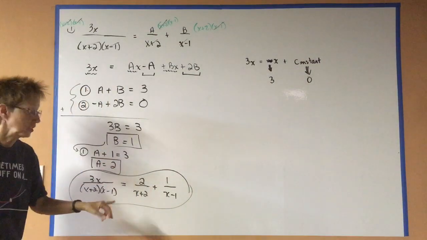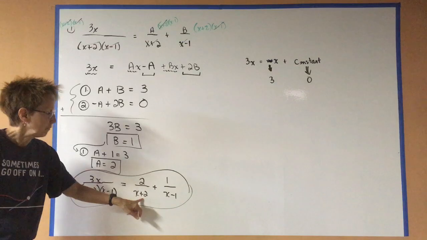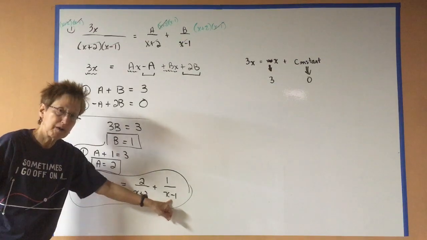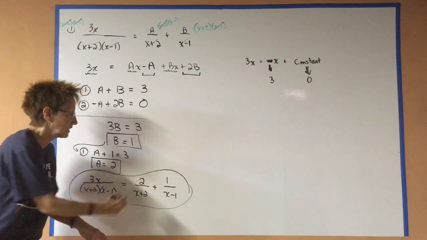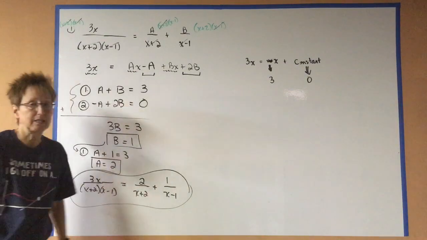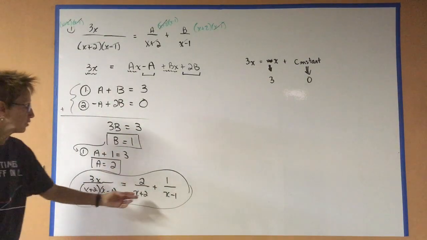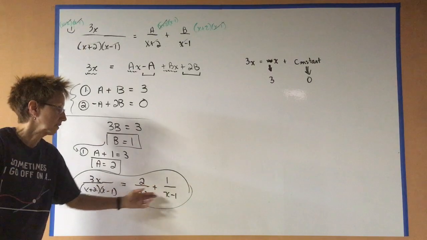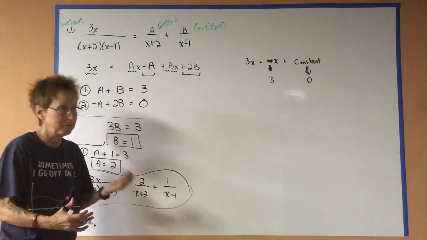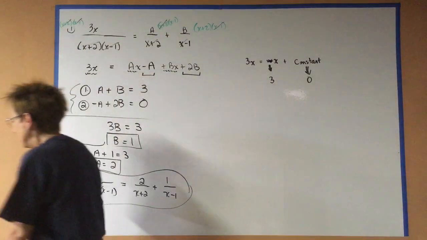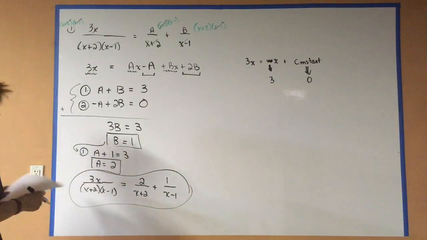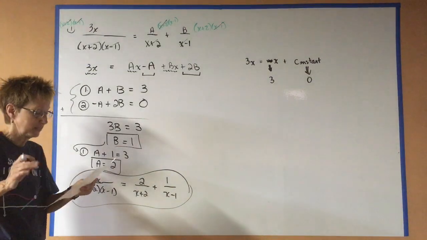So all of that work just to take this fraction and turn it into its pieces broken apart, so that then in calculus, I can take what's called the integral of each one of these and get an answer. And of course, you could always check this by trying to combine those, getting a common denominator and making sure that it all works. So, partial fraction decomposition.